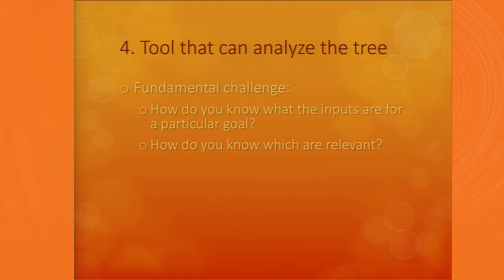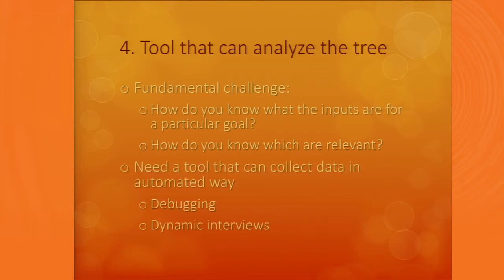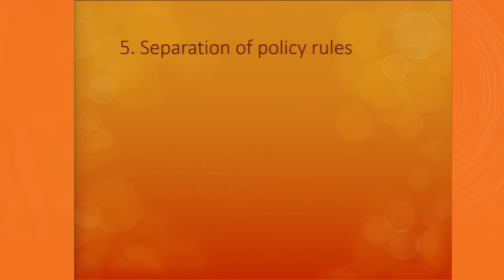A lot of these applications are interactive interviews, because as you start going through the interview, what is relevant changes depending on your early answers. And so you need some way to dynamically collect that information. So whether it's for debugging purposes or for a user to use, you need some way to take that entire logical tree structure and collect the information in an automated way.